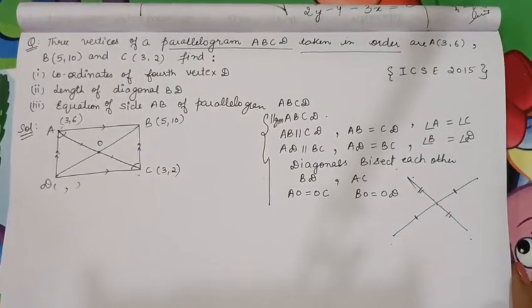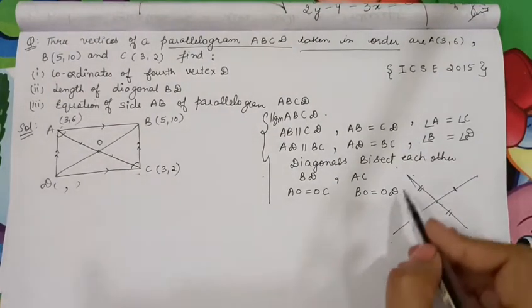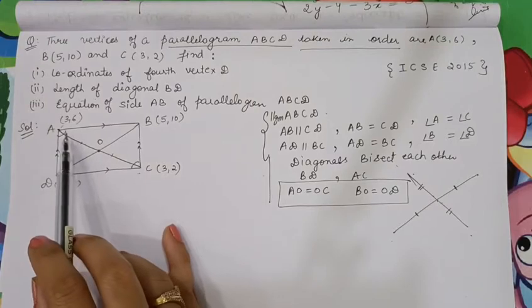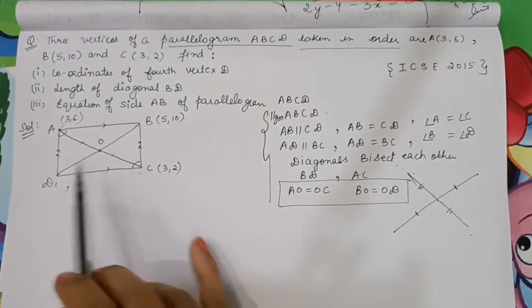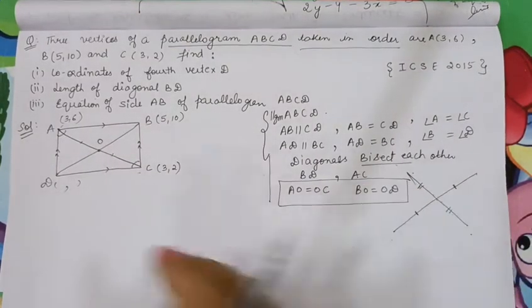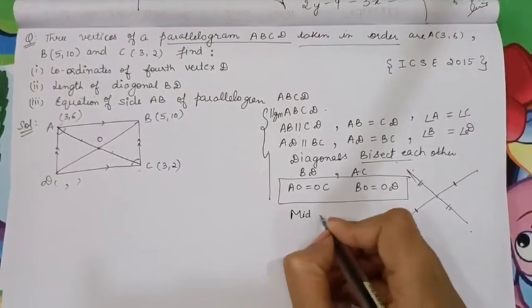So these are the properties of a parallelogram. Now in this question, we will use the property that diagonals bisect each other. Here you can see AO is equal to OC and DO is equal to OB. What does it mean? Bisection means here we have to use the midpoint formula.